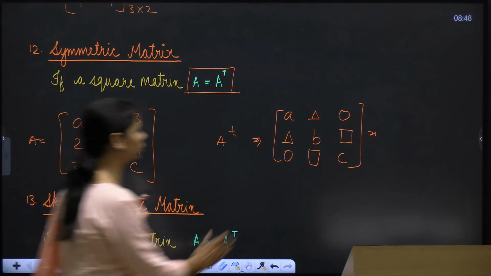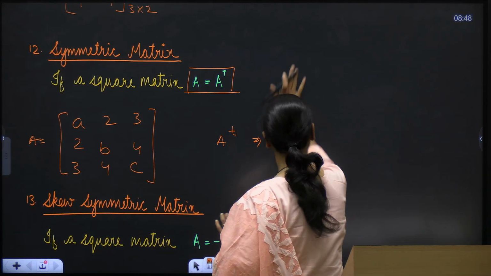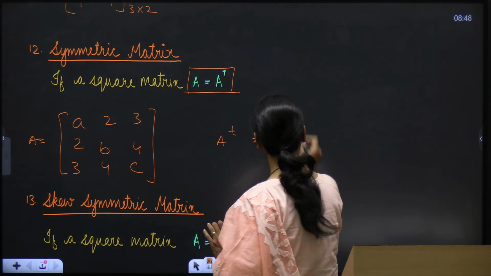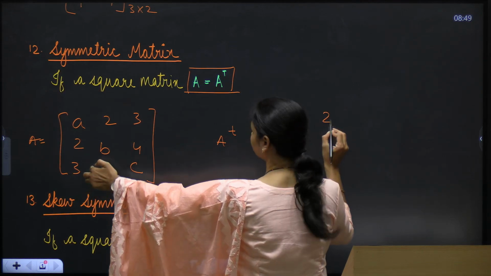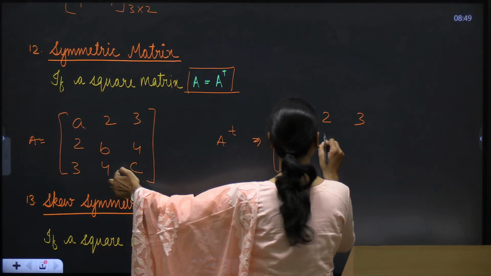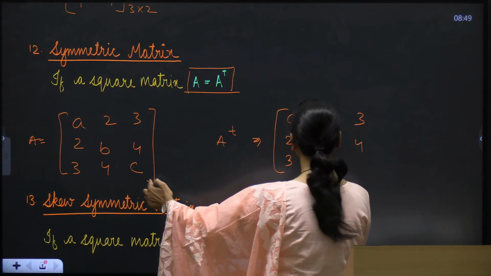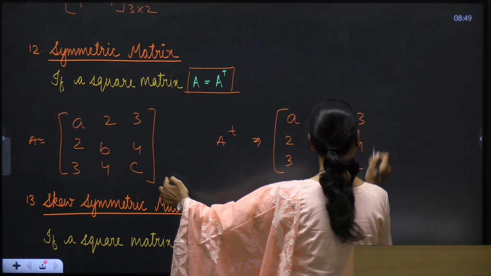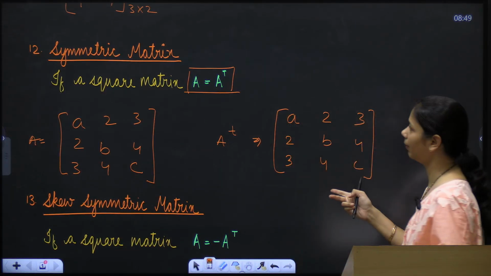Now if we do the transpose of this matrix, then I will get A, 2, 3, as the first column becomes the first row, second column becomes the second row, 2, B, 4, and the third column becomes the third row, and I will get the same matrix.